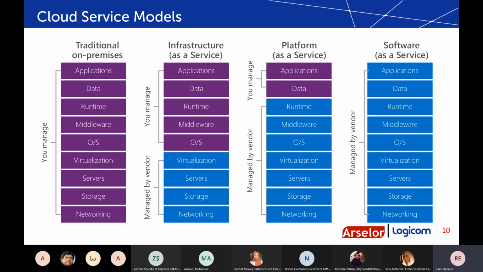In your traditional on-premise data center, you will be responsible for everything. You have to manage the network, the storage, the servers, virtualization, and so on. But in infrastructure as a service, you will share the responsibility of the management between you and Microsoft, which is the vendor.